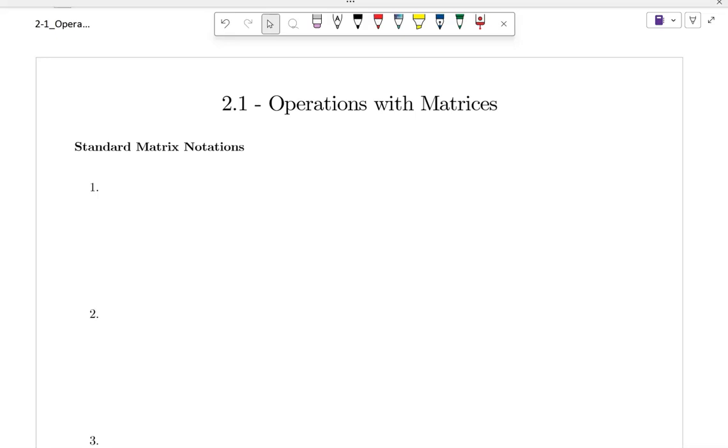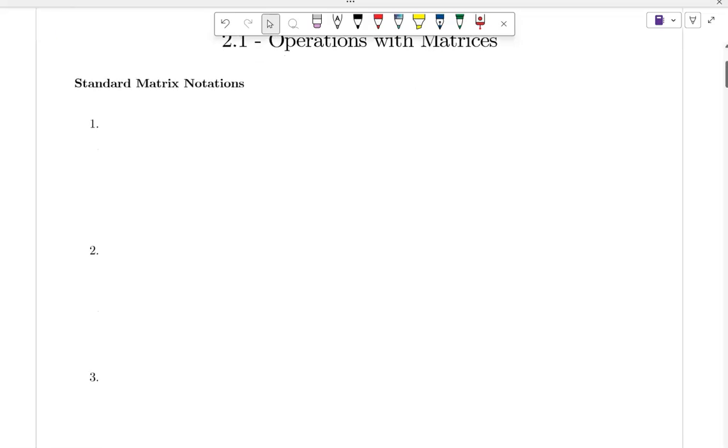Before we get to that, though, we want to talk about some ways that we can define matrices, some ways that we'll notate matrices, those kinds of things. So some conventions, some standard matrix notations that we'll do. We use, and I think we've already seen this a little bit, capital letters to denote a matrix.